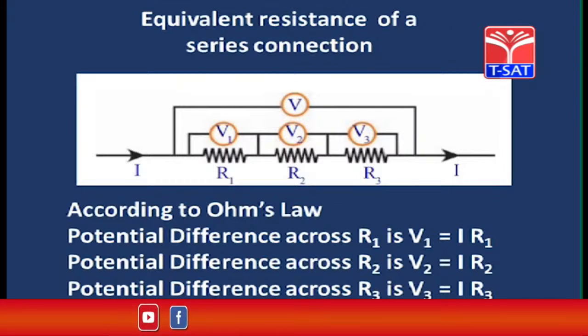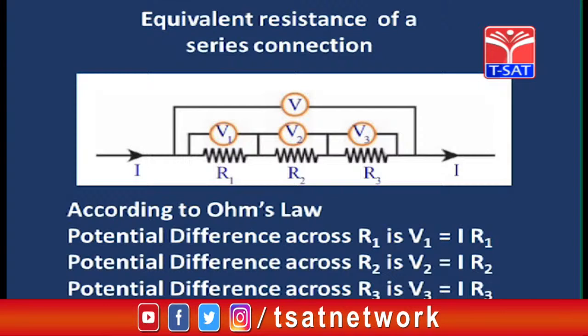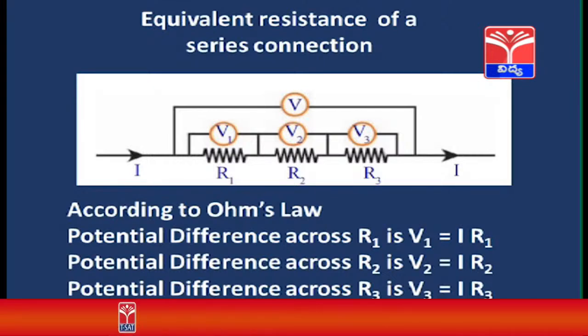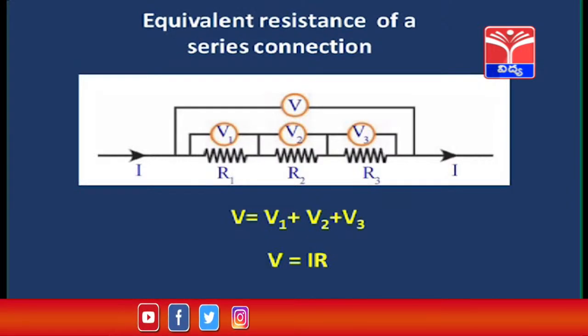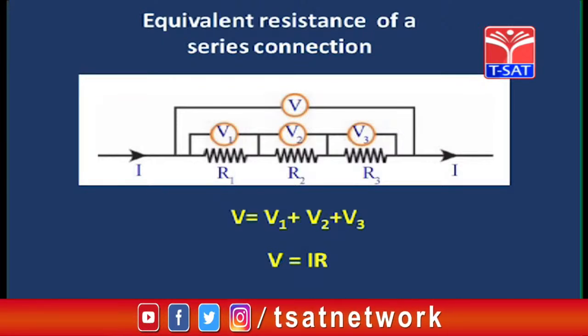Whatever current flows through R1 will flow through R2, and also through R3. Applying Ohm's law we get V1 is equal to I R1, V2 is equal to I R2, V3 is equal to I R3, because the total potential difference will be equal to V1 plus V2 plus V3.